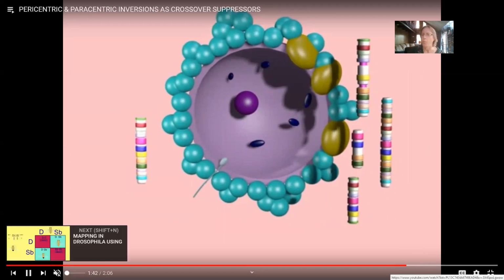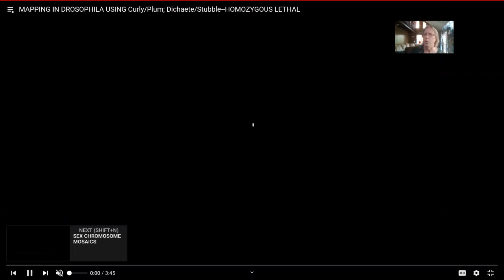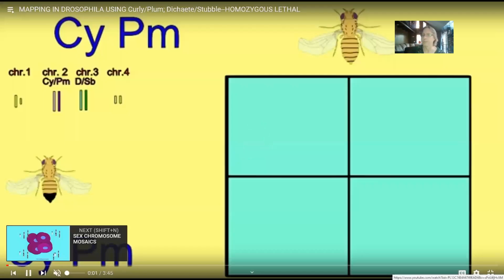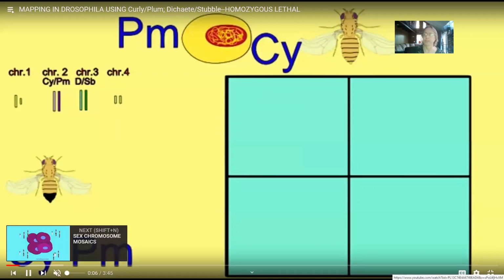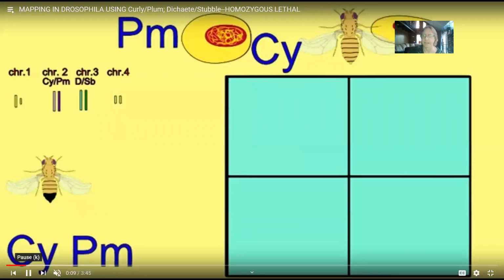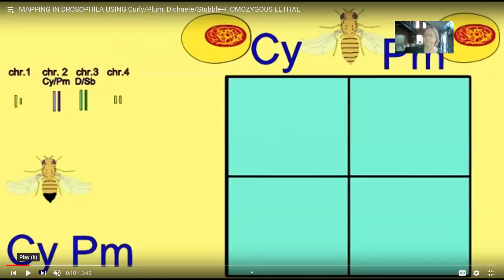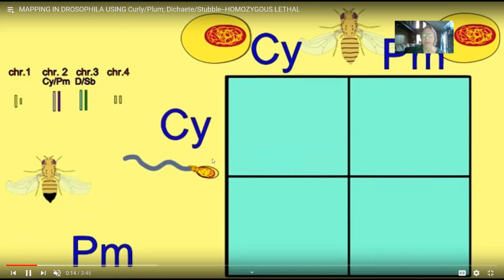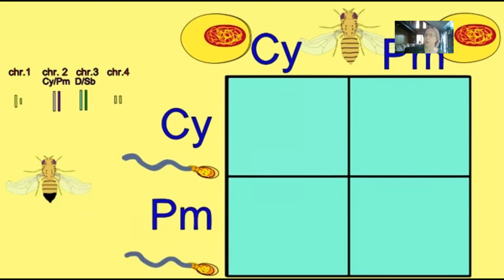One quick note, these inversion chromosomes are sometimes called crossover suppressors. And once again, in addition to talking about it with regard to human patients, this could be discussed in genetics as a technique. So if you're mapping chromosomes using curly plum Drosophila stubble flies, you might notice that on the second chromosome with curly and plum, you would just have to understand your genetic technique, and you would understand there's no crossing over.